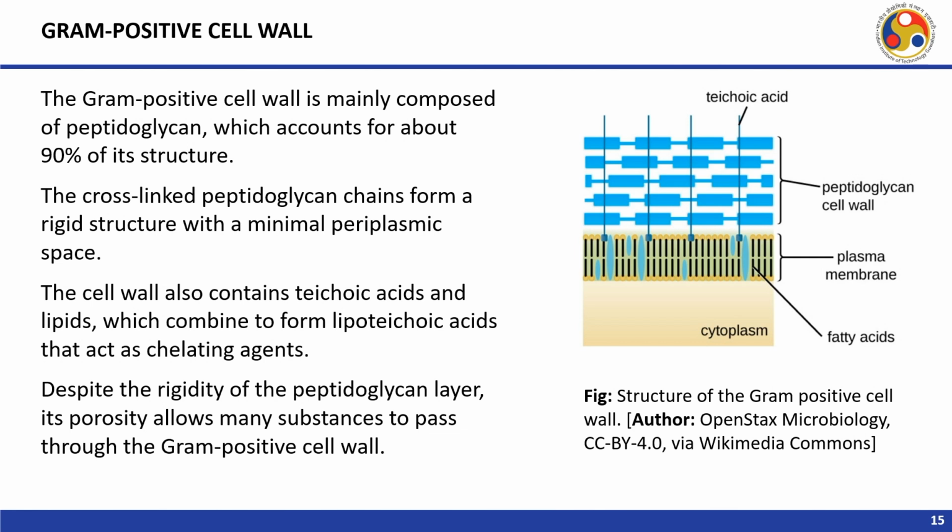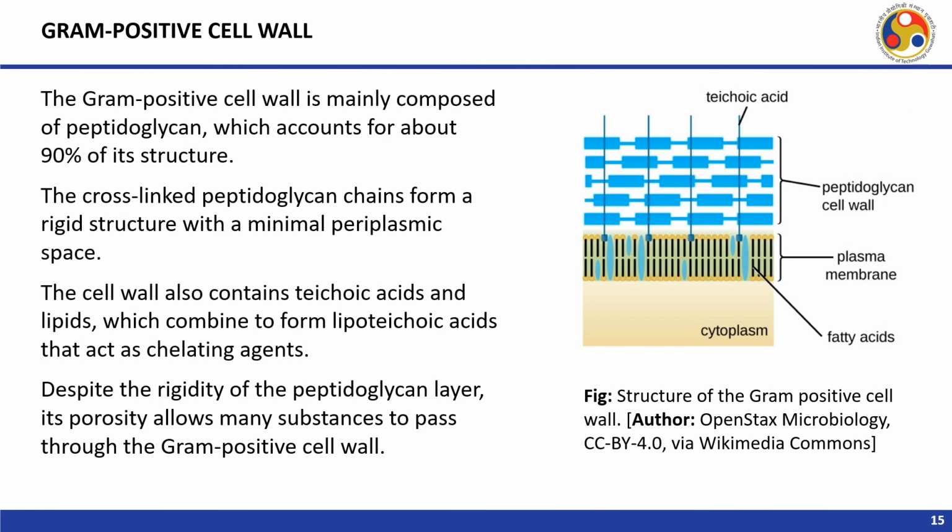The gram-positive cell wall is mainly composed of peptidoglycan, which accounts for 90% of its structure. The cross-linked peptidoglycan chains form a rigid structure with a minimal periplasmic space.